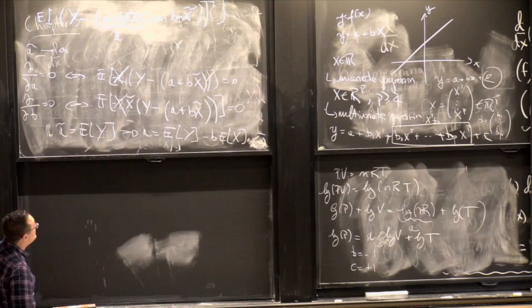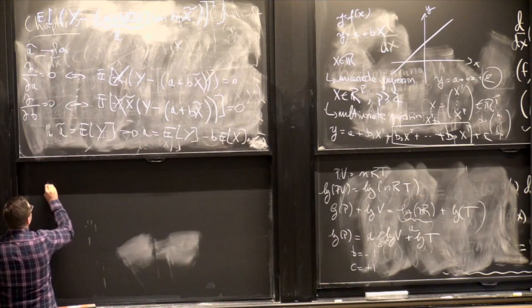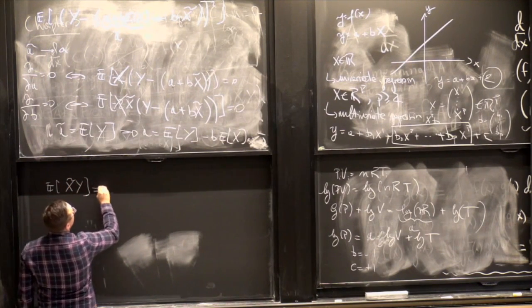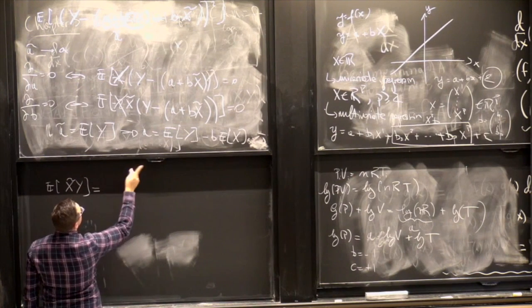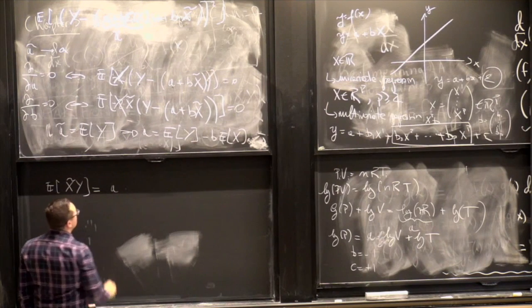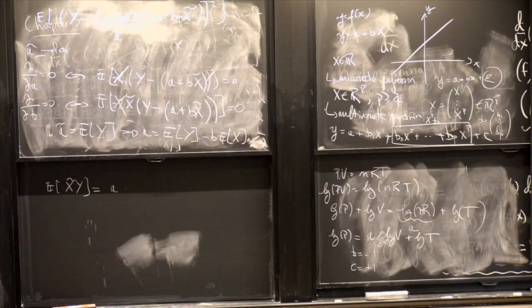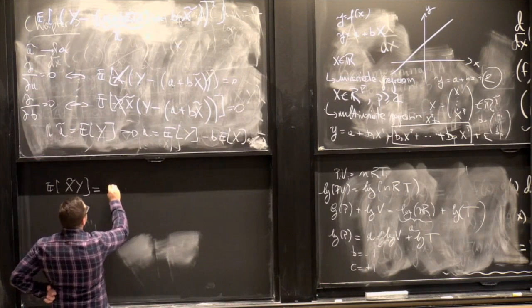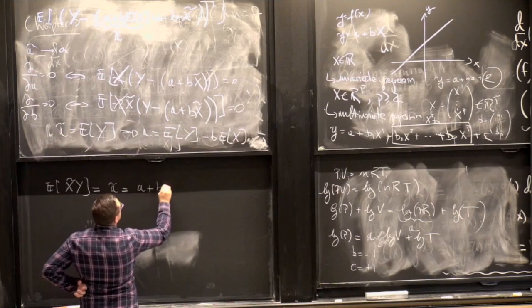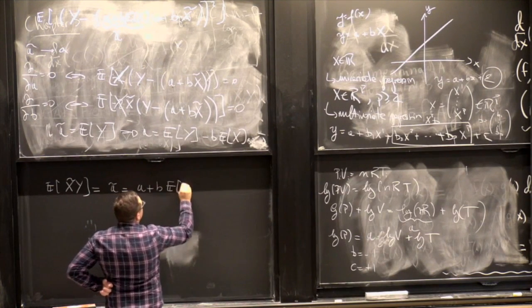And then for my b, I use the second one. So the second one tells me that the expectation of x tilde y is equal to a plus b times the expectation of x tilde, which is 0, right? But this a is actually a tilde in this problem, so it's actually a plus b expectation of x.